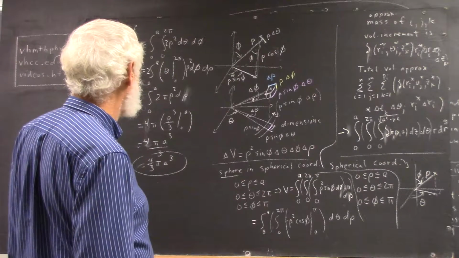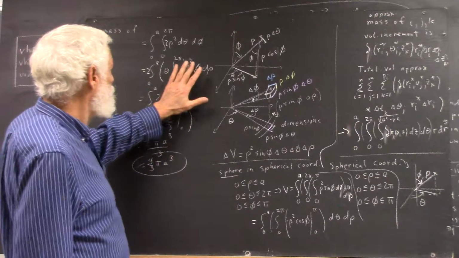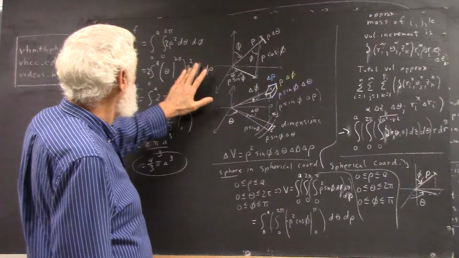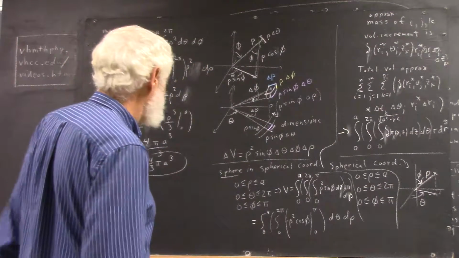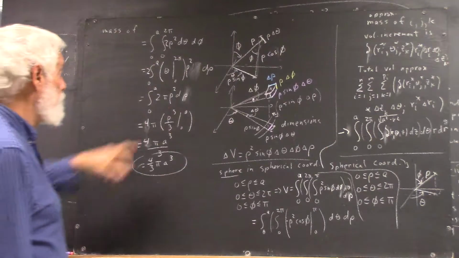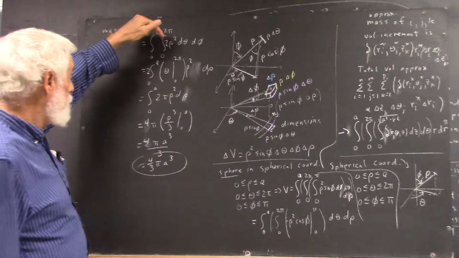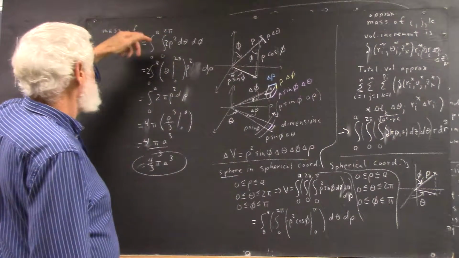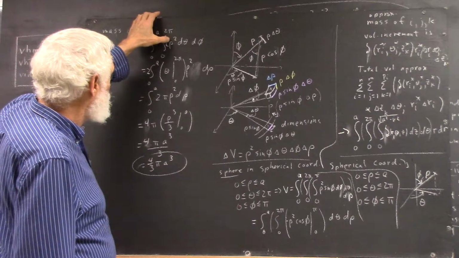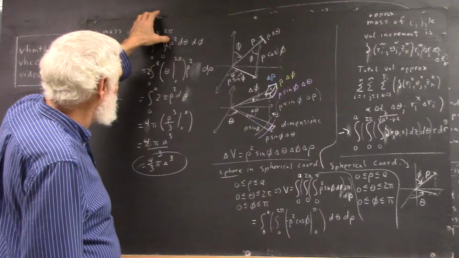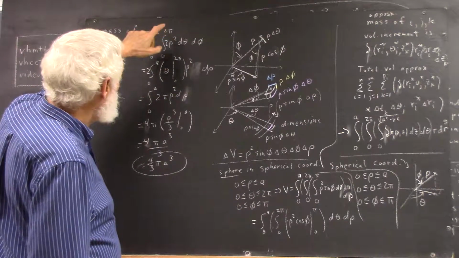And I'm not sure why I wrote a d phi here, because we've already integrated with respect to phi. I don't know what I was thinking, but that was wrong, so let's get rid of it. Okay, so, well, the 2 rho squared, it looks like a rho.